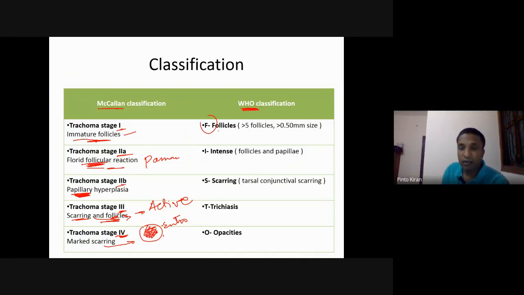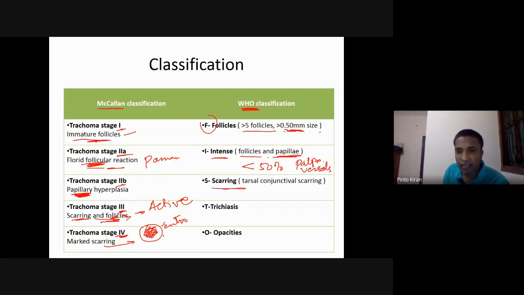Similarly, in the WHO classification, in the follicular stage, you will have follicles more than 5 in number and more than 0.5 millimeter in size. In the intense stage, you will have more follicles and also papillae, and less than 50% of the palpebral conjunctival vessels are visible. This is very important.